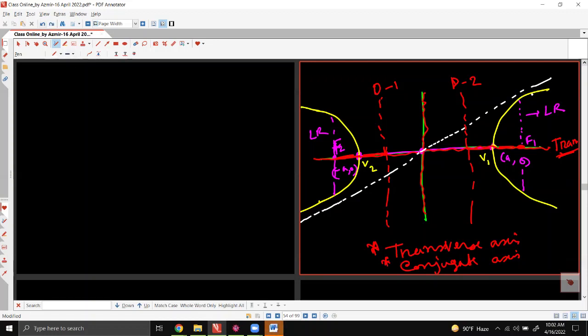Okay, there is no intersecting point at infinity distance. Always there will be a gap here. So this type of lines are known as asymptotes. So similarly, we have another asymptotes here. So first asymptote and the second asymptote. So there are two asymptotes.